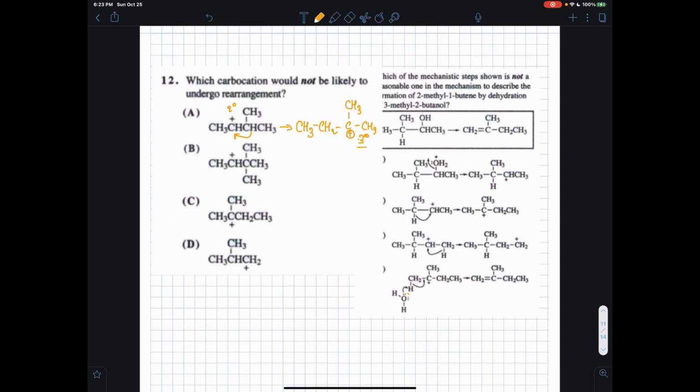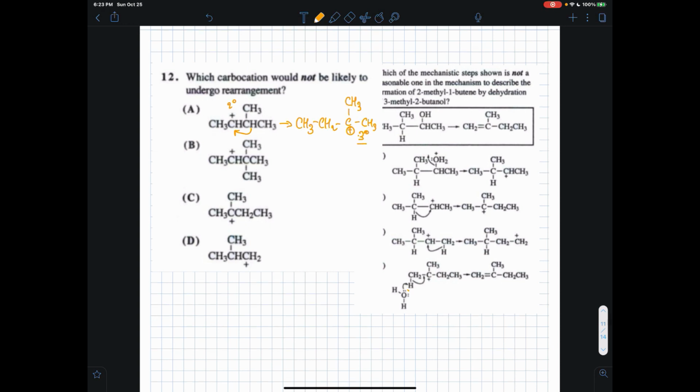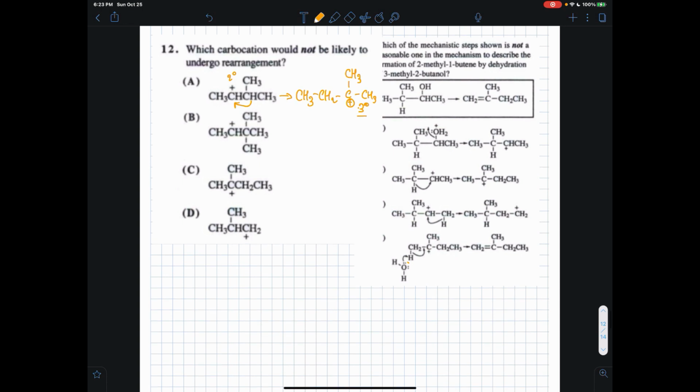Now, let me skip B for now, and we'll come back to it. Let's look at C. This is a tertiary. If I do a hydride shift right here, I'm going to go to a secondary. If I do a hydride shift from this side, I'm going to go to a primary. So that's not possible at all. Let me draw the outcome of a hydride shift from both sides. CH2, C, CH3, positively charged, CH2, CH3.